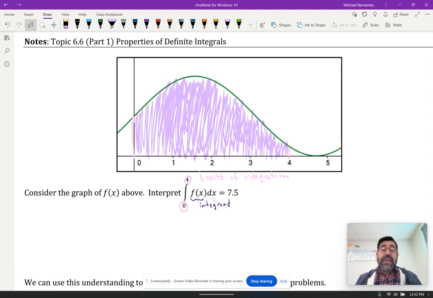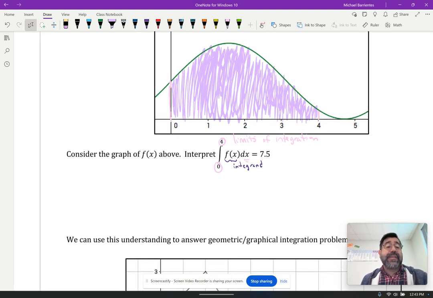Once we know what the function formula is, if we're given an equation for f of x, we'll be able to do that. So what does the definite integral represent? Interpret the integral of f of x dx from 0 to 4 equals 7.5.